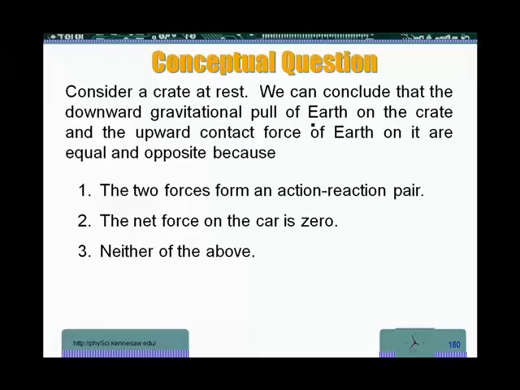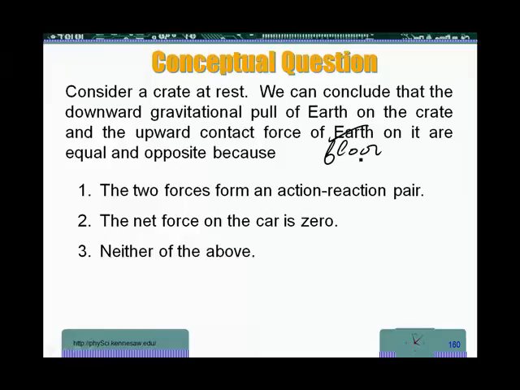We can conclude that the downward gravitational pull of the Earth on the crate and the upward contact force of the floor on it are equal and opposite because the two forces form an action-reaction pair. The net force on the crate is 0, neither of the above.